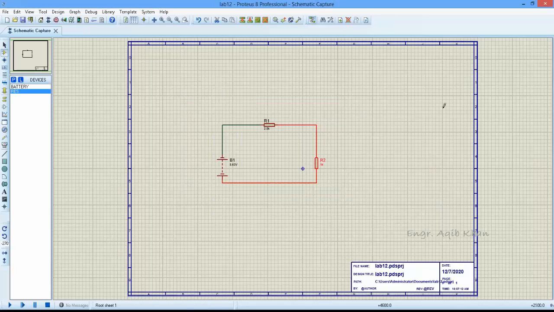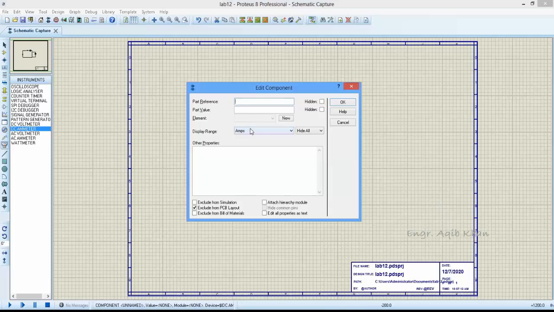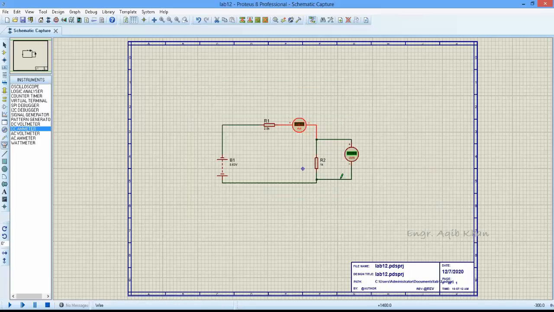One K. Then place DC ammeter. Milliamps.